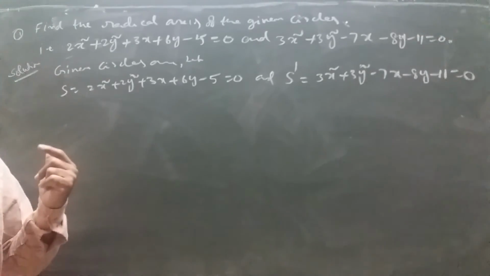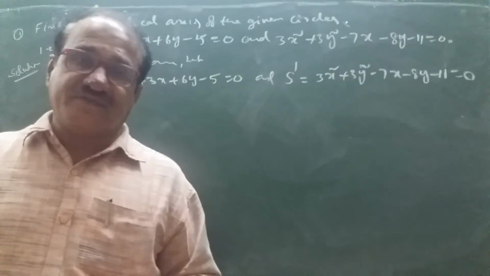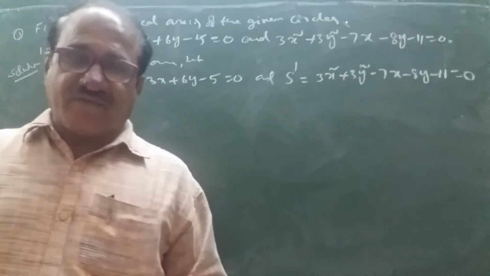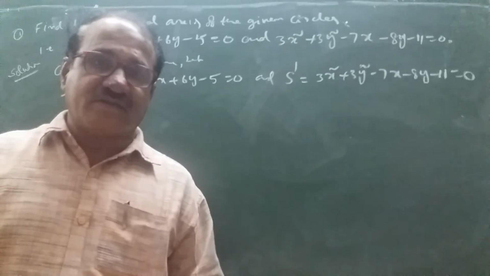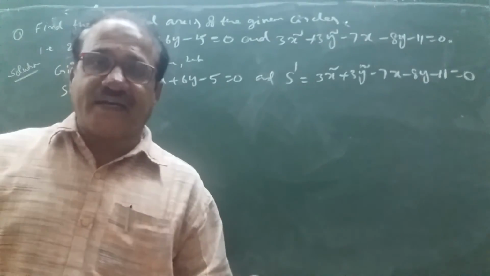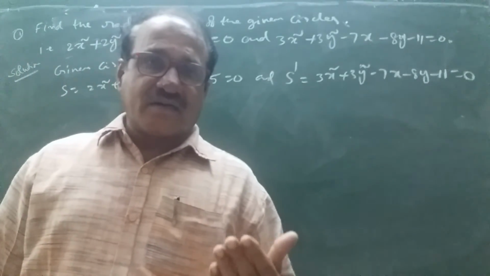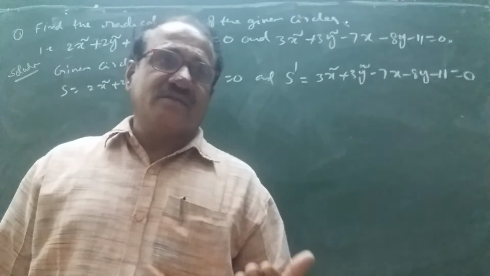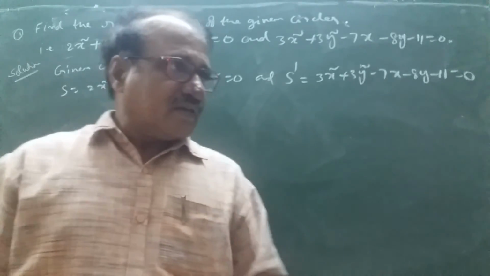But by observing, it is not in general form. The general equation of any circle is x square plus y square plus 2gx plus 2fy plus c is equal to 0. Now we have to find the radical axis or radical center or common chord or common tangent. We have to change the given circles into standard form, that is general form.